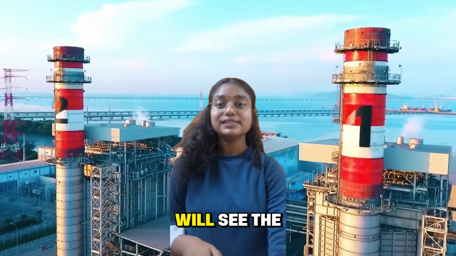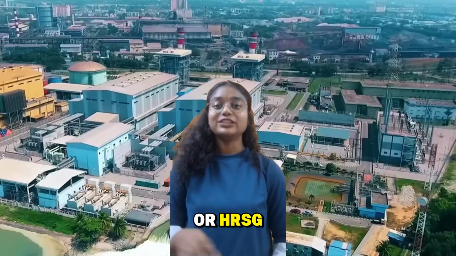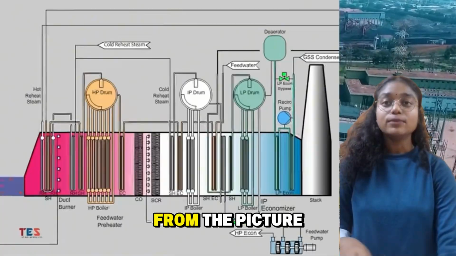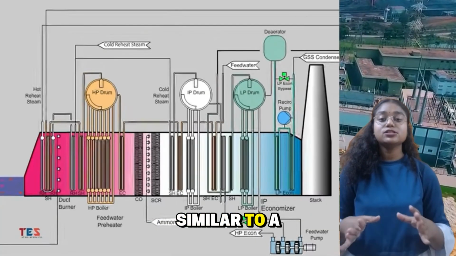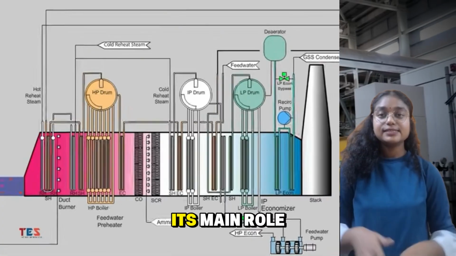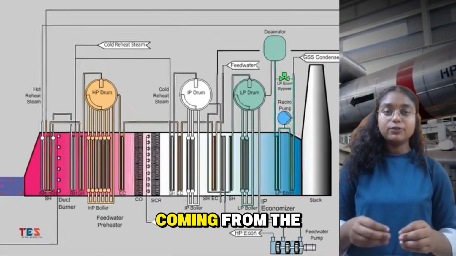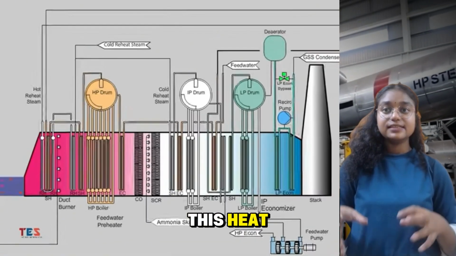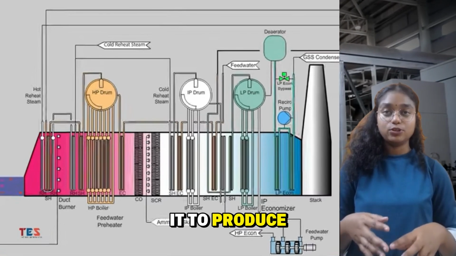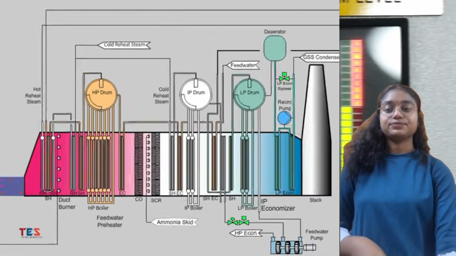After that, we will see the heat recovery steam generator, or HRSG. From the picture, we can observe that it is a large structure similar to a boiler system. Its main role is to capture hot exhaust gases coming from the gas turbine. Instead of wasting this heat, the system reuses it to produce steam, which improves overall efficiency.